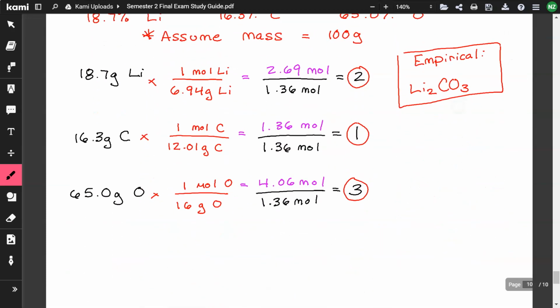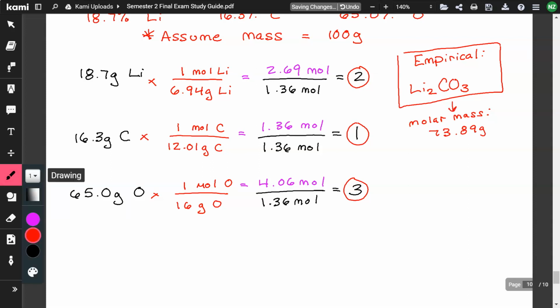Okay. So the empirical formula, we need to figure out the molar mass of that. So 2 lithiums, 1 carbon, 3 oxygens. The molar mass of the whole compound is 73.89.